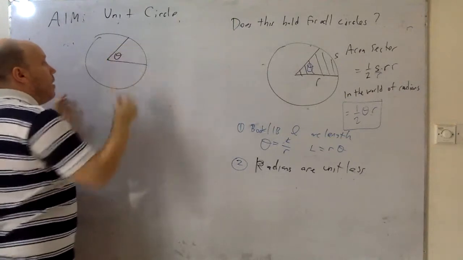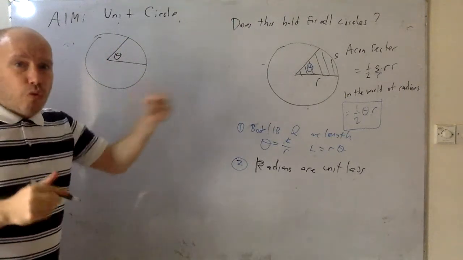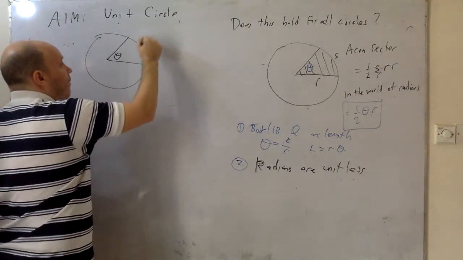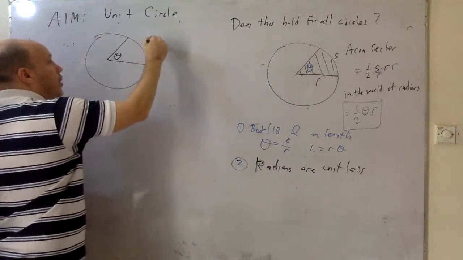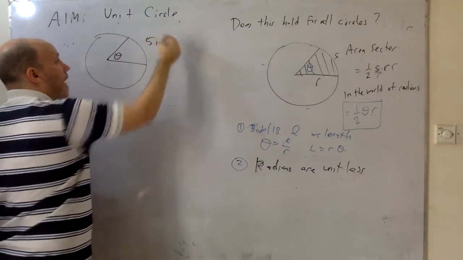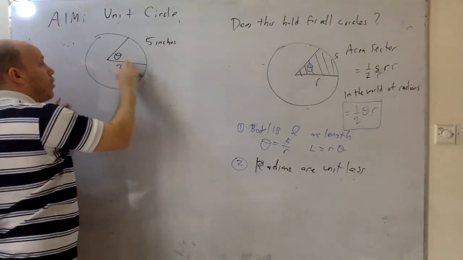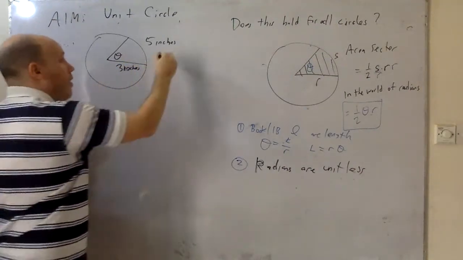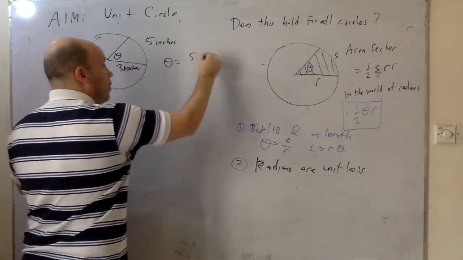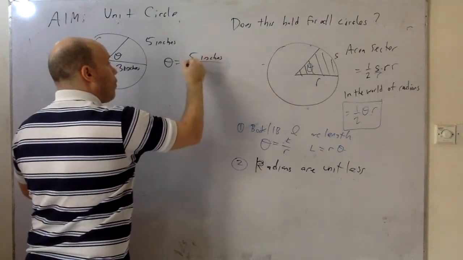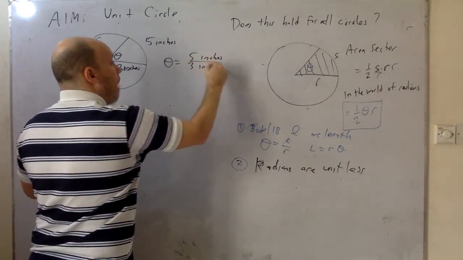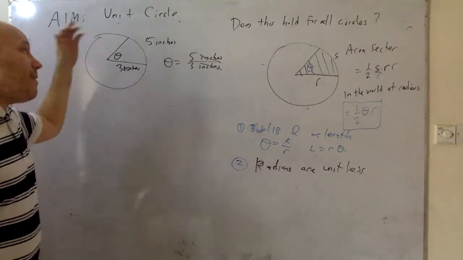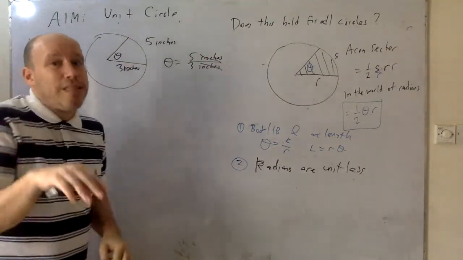We said that the radian measurement is based on the ratio of arc length to radius. So let's say the arc length is 5 inches, and the radius is 3 inches. We have this formula, theta equals 5 inches over 3 inches. Well, mathematically, these cancel out. So we say theta is 5 over 3.